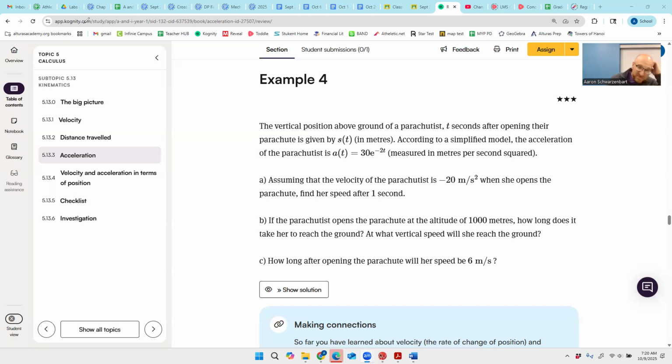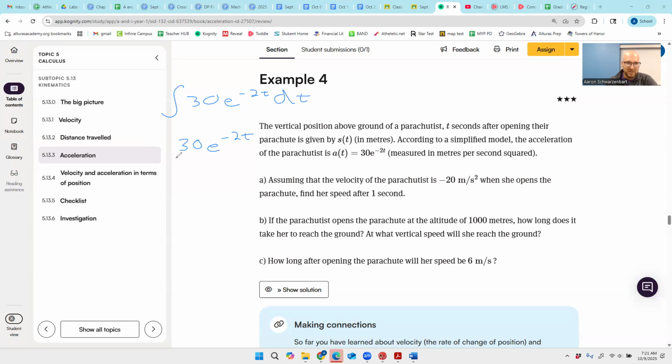So, first thing we do, we have acceleration. To get to velocity, we need to integrate. So, that means the integral of 30 e to the negative 2t dt. In order to integrate, e to the negative 2t is e to the negative 2t.